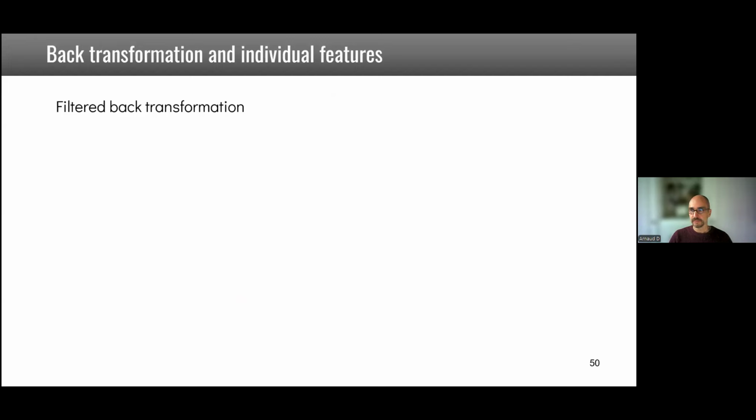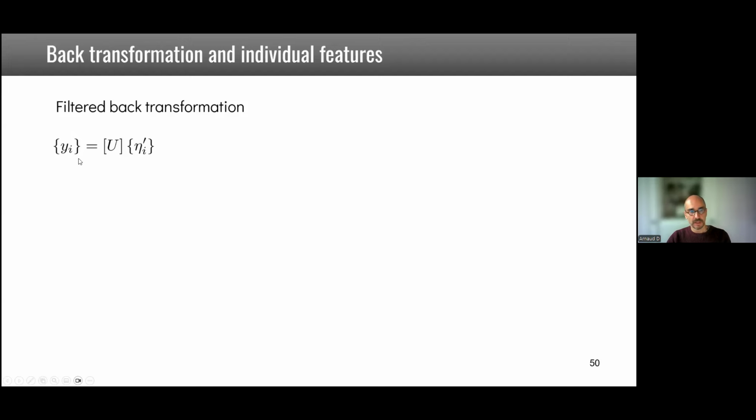So to do that, I'm going to introduce a little more theory than before. We did some filtered back transformation, because you see this transformation from my feature vector. If I have my transformed orthogonal space that I detailed before, I can do the back transformation, because this is a square matrix, so I can go one way or the other.